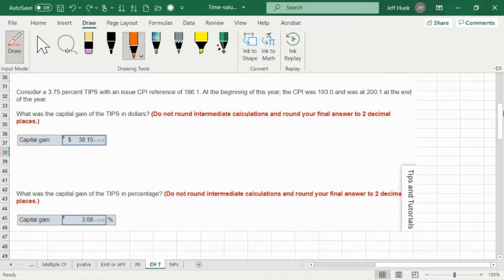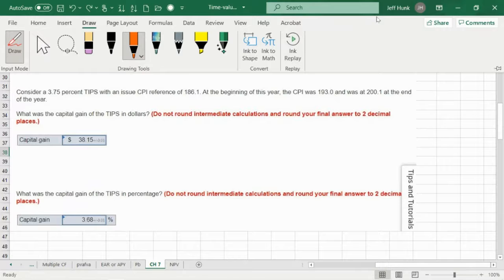Because of that, used car prices have gone up. Even new car prices are up. So PPI, the producer price index, is a good measure of cost push.